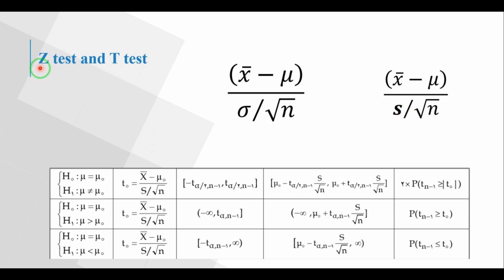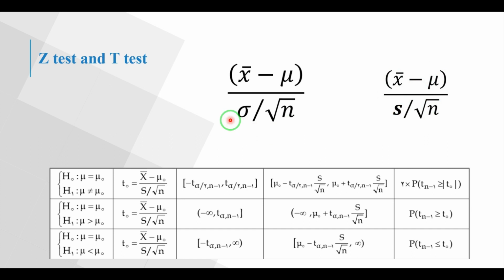The z-test is similar to the one sample t-test, but it is used when the population standard deviation is known. As you can see, in the formula of the z-test, we have sigma, which is known. However, in the t-test formula for its statistic, we have s, which is the estimation of this sigma.